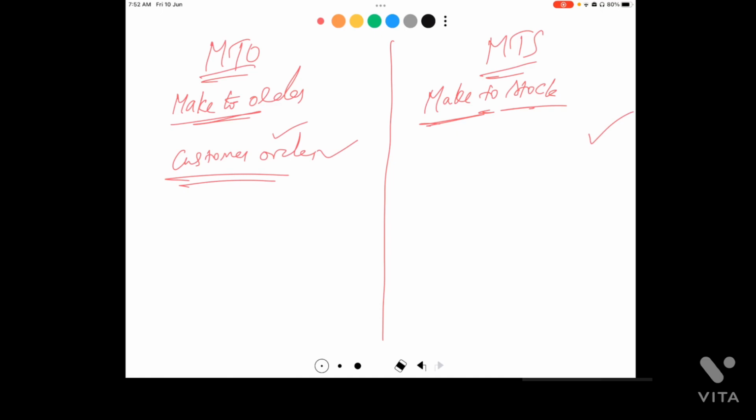We are preparing the stock for the purpose of the order. But here, what is that? Make to stock. Stock only, right?